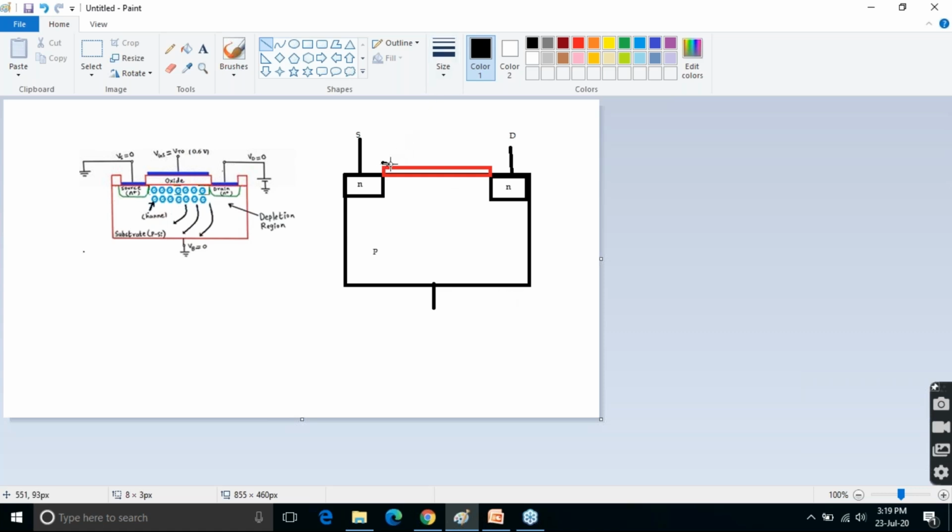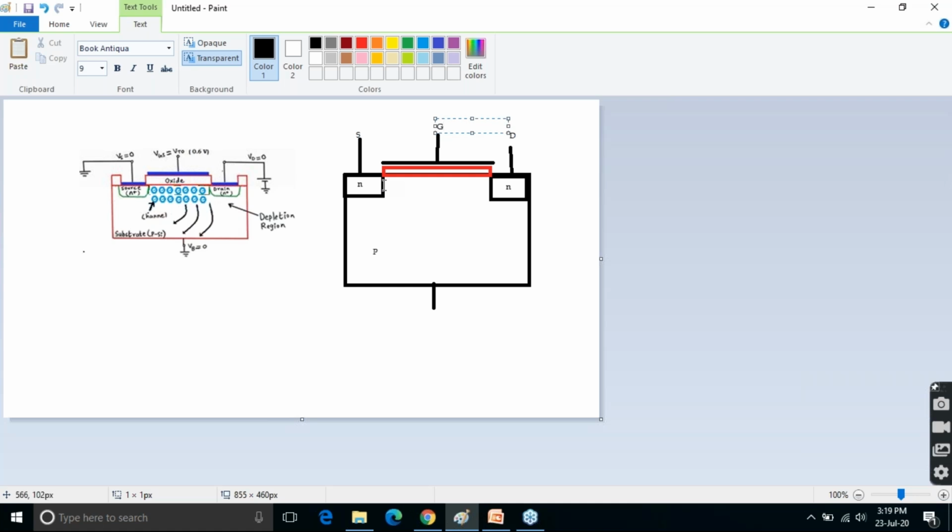And here there is one metal plate so that I can take out the gate terminal. This is my gate terminal which is connected to the SiO2. I am not able to write over here.